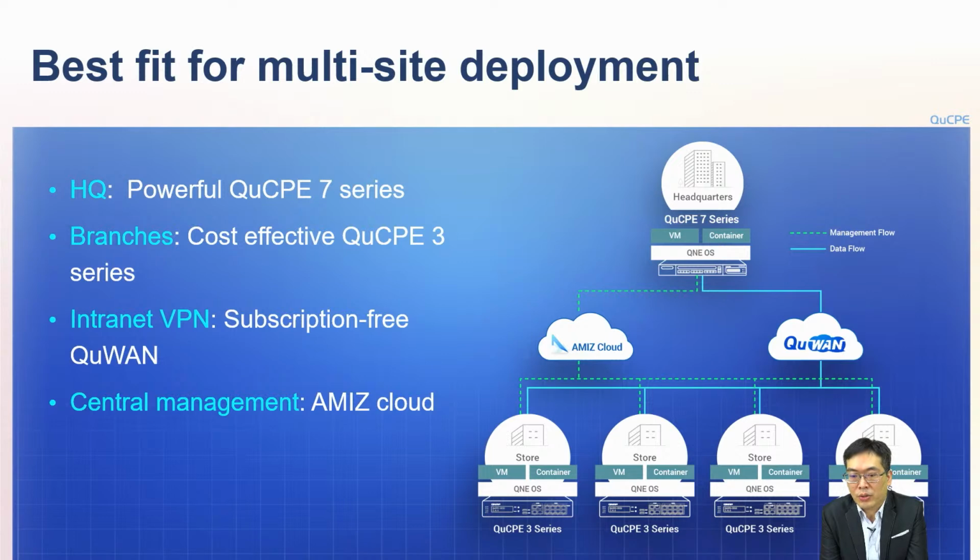And for a branch, of course, we can offer the more cost-efficient QCPE-3000 series for your branch office, or even your chain store at each location as well. And for the internal VPN, we have QVPN available for you to use, and of course it will be an option for you to use a third-party VPN or third-party VNF as well.